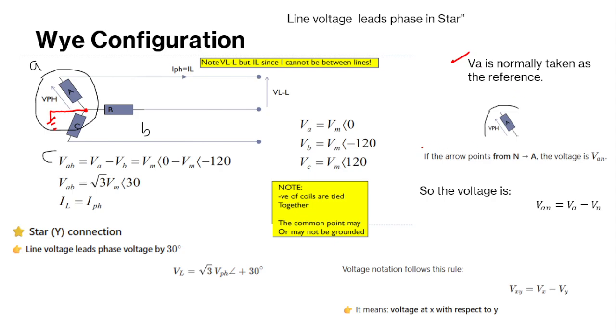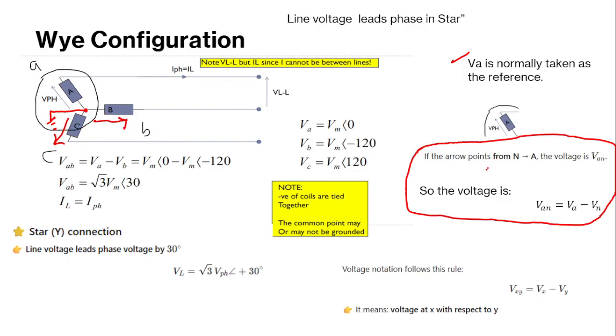One thing you have to get, which is this part here that I'm circling, is the naming convention. So normally the arrows point out, which is like this, right? If the arrows point out, pointing from N to A, or N to the phase, the voltage will be VAN. So VAN, just like we did before with the VXY, will be VA minus VN.